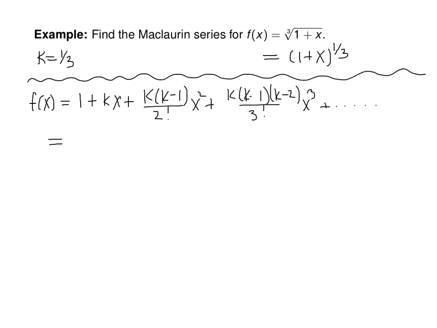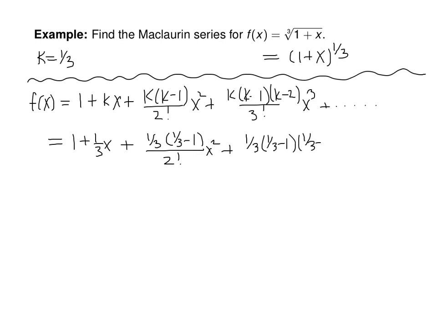So 1 plus 1/3 x plus 1/3 times (1/3 minus 1), all divided by 2 factorial, x squared, plus 1/3 times (1/3 minus 1) times (1/3 minus 2) over 3 factorial x cubed, and then plus 1/3 times (1/3 minus 1) times (1/3 minus 2), etc. We'll just stop at x to the third since I don't have any space.